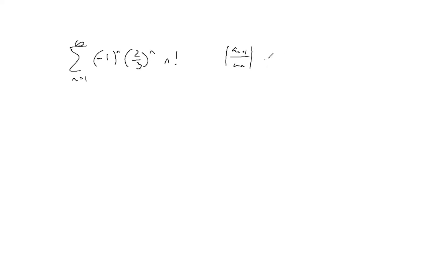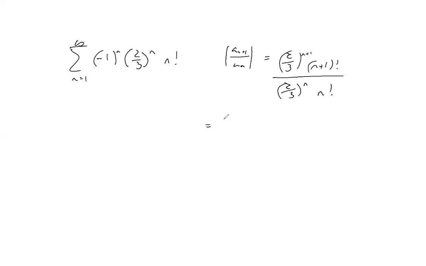Absolute value allows me to drop the negative sign. So I can write a_{n+1} as just (2/3)^(n+1), (n+1) factorial, over (2/3)^n, n factorial. Okay, now let's simplify.